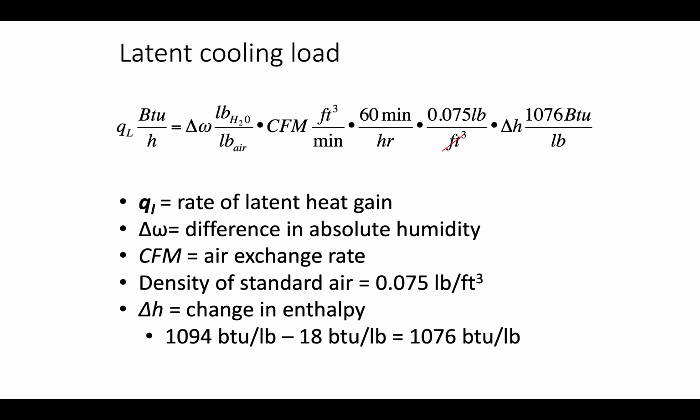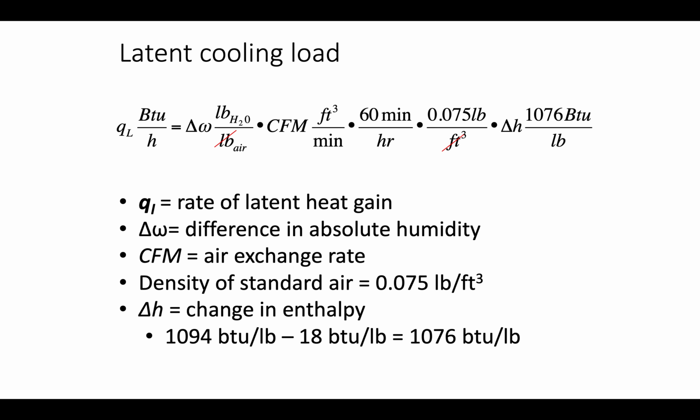Again, I'm going to step through this. When we look at our latent cooling load, this is instantaneous power, in BTUs per hour, so we want to arrange the equation. Psi here, which kind of looks like a W, is the difference in absolute humidity, or the difference in humidity ratio. That's in pounds of water for every pound of dry air.